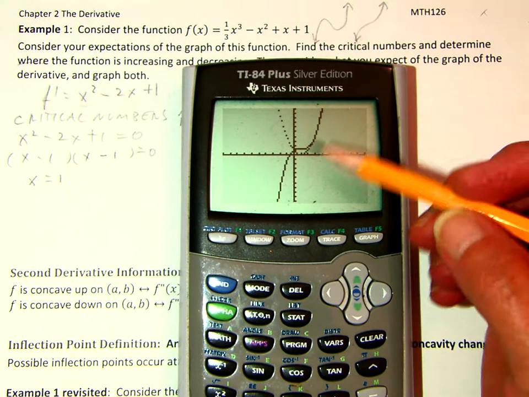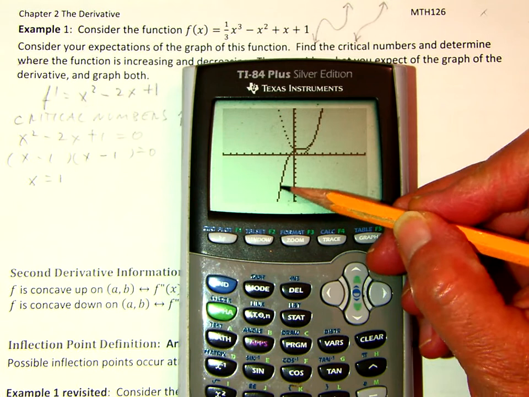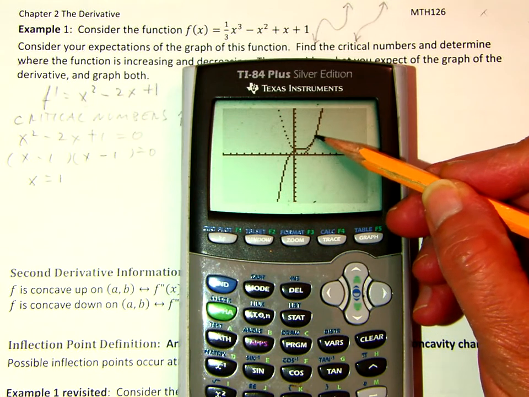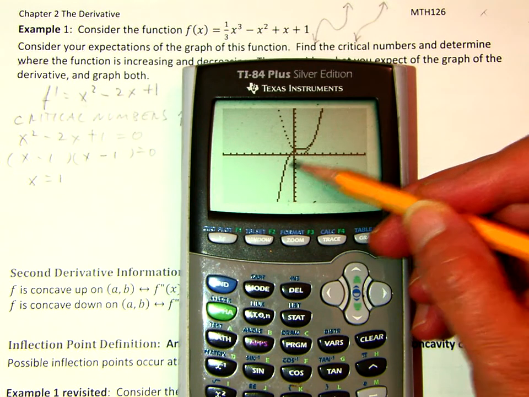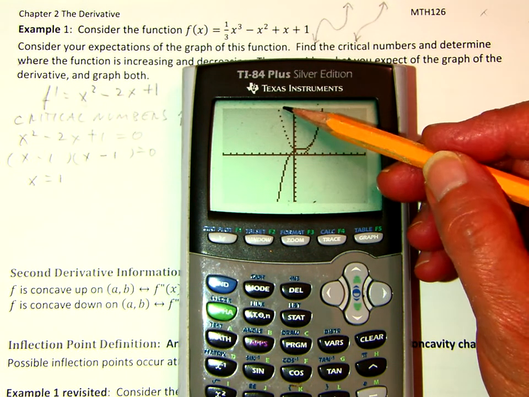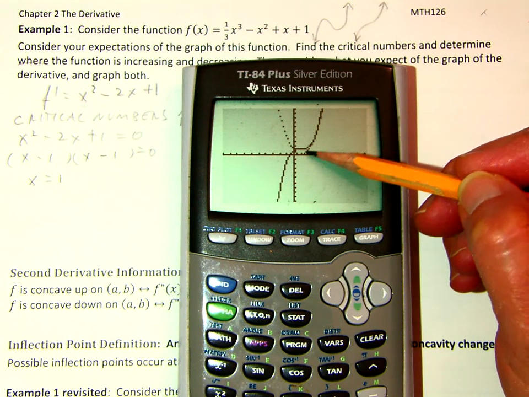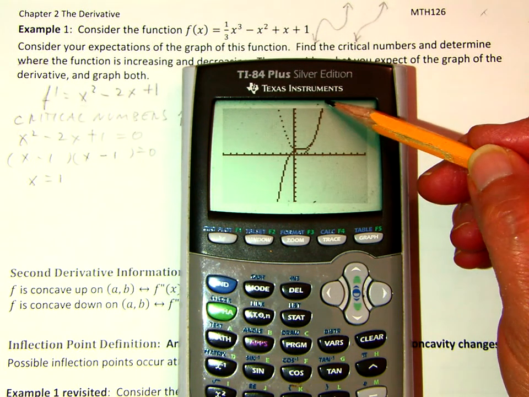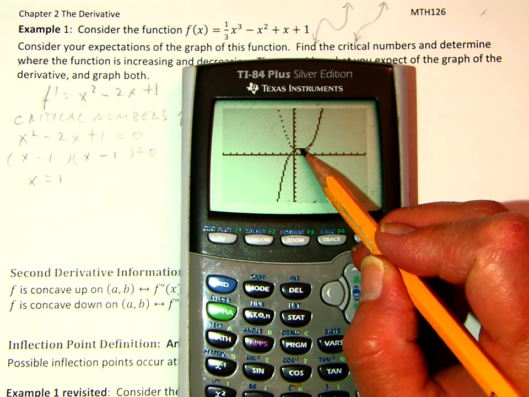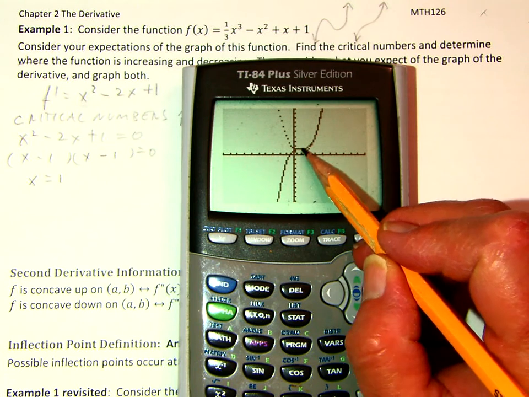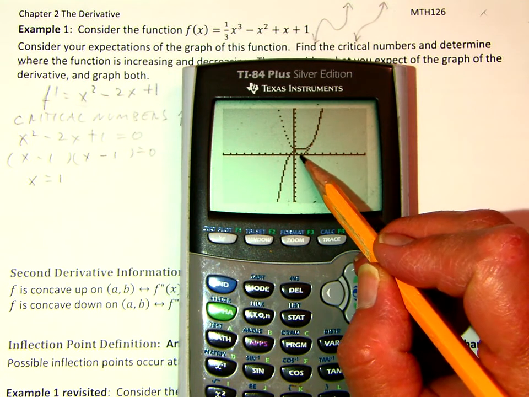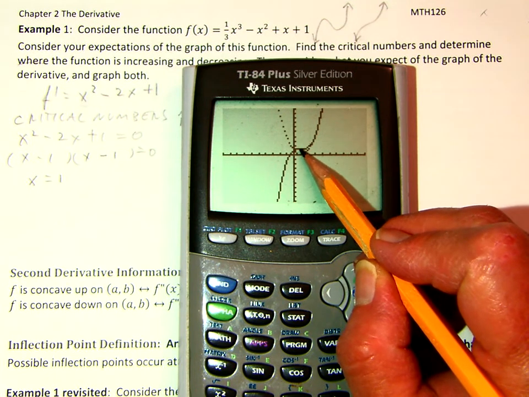Aha! So here's my graph, looking just like we expected. And here is the graph of the derivative. It is a parabola, and the vertex of that parabola is the same as our critical number right here.